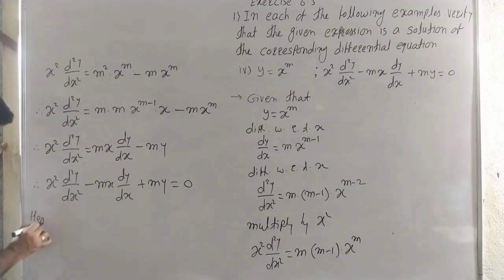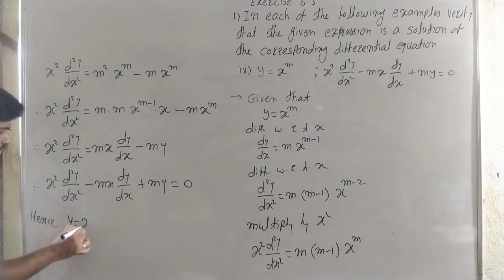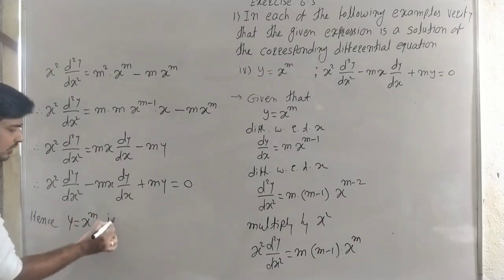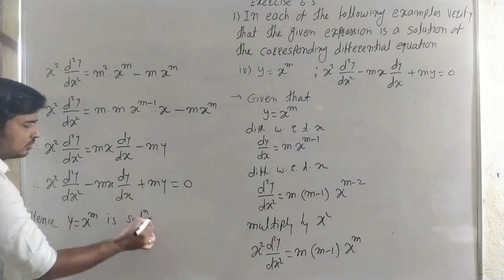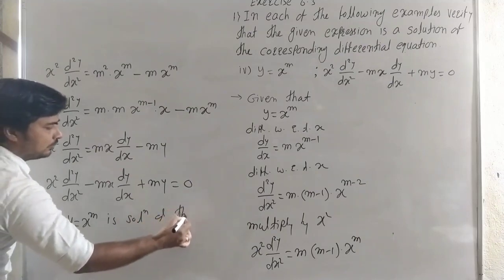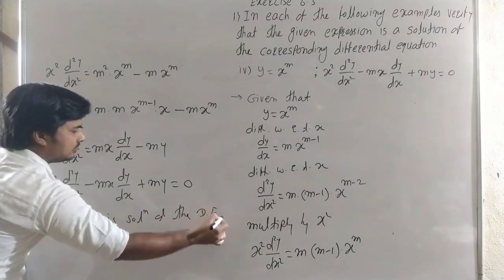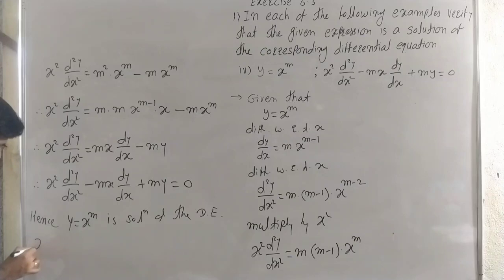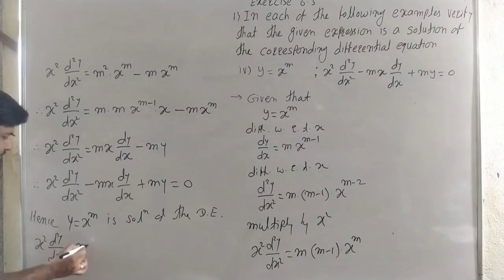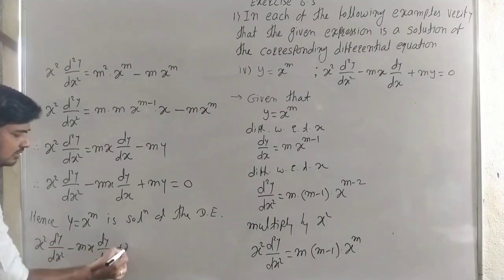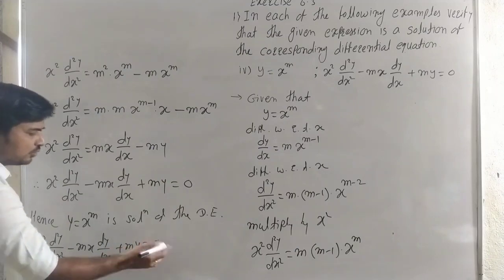Hence y is equal to x to the power m is a solution of the differential equation x square d2y by dx2 minus mx dy by dx plus my is equal to 0.